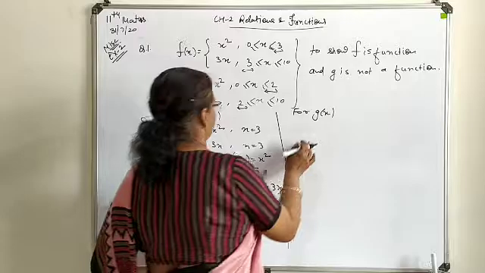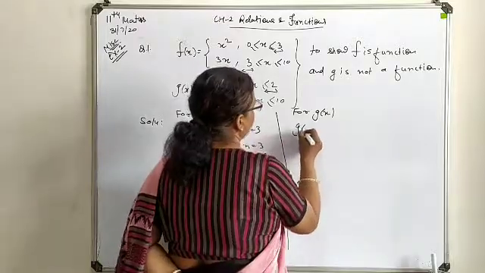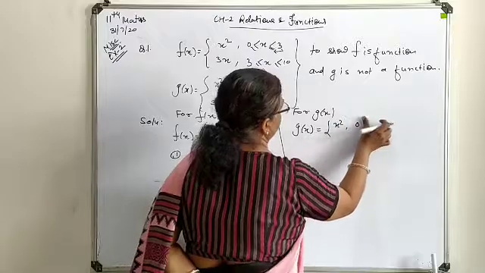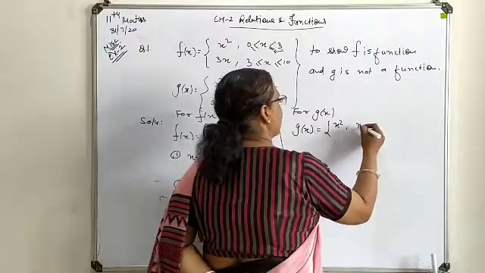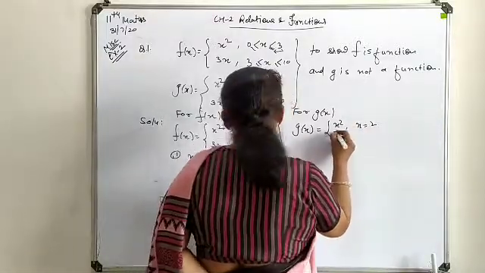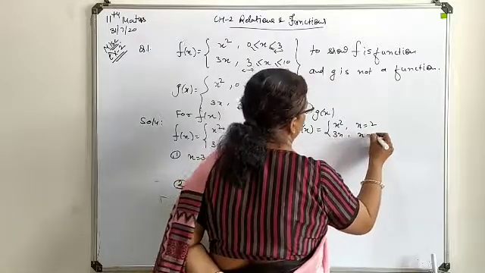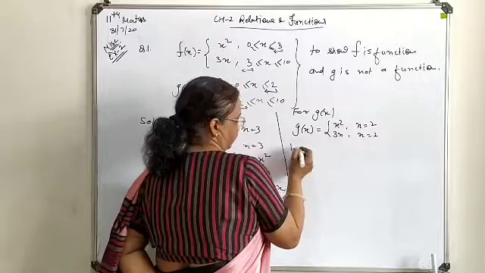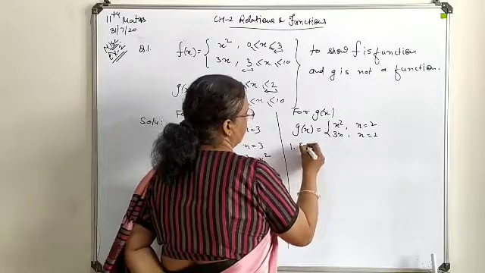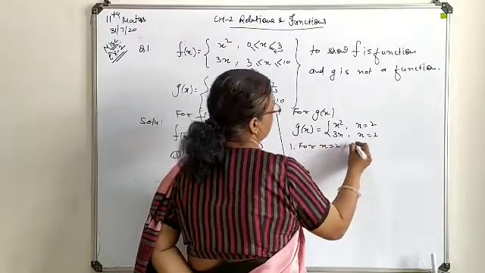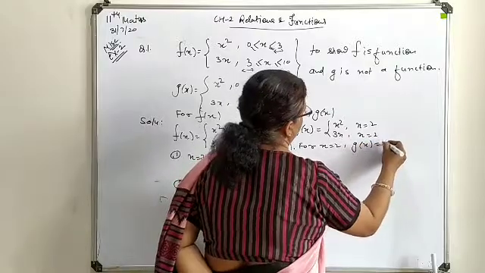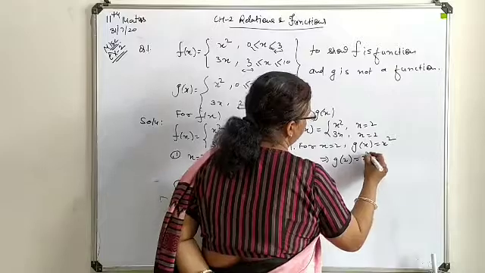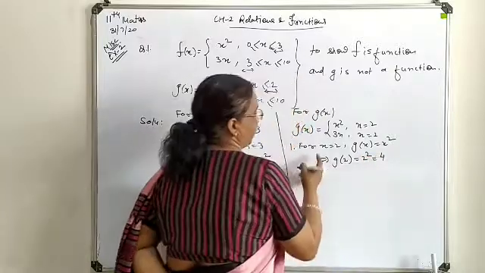Here g(x) is given as x squared for one range, and we check x equal to 2. Second, it is 3x for x equal to 2. For x equal to 2 with g(x) = x squared, g(2) gives 2 squared, that is 4.